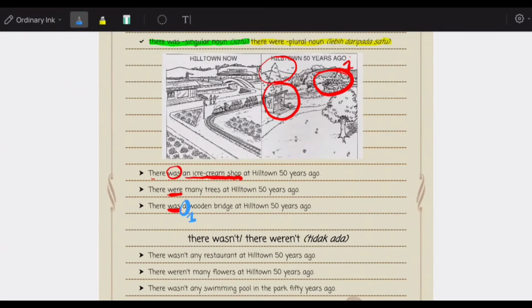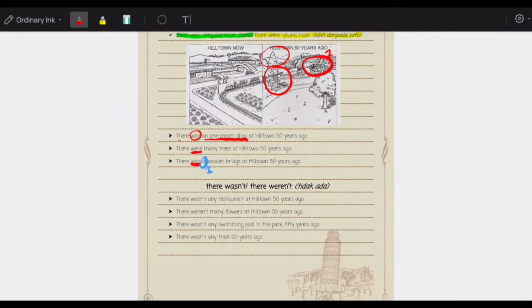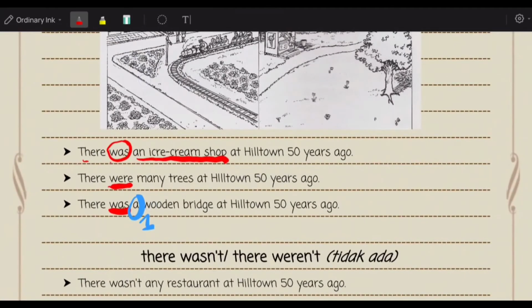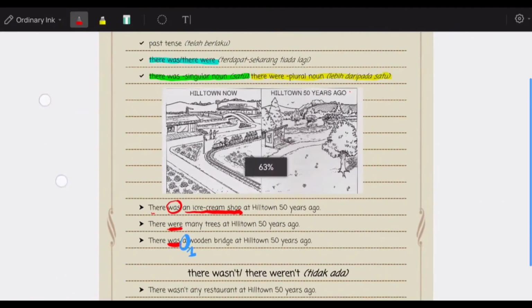Now we are going to use the phrase there wasn't or there weren't, which means tidak ada ataupun tidak terdapat. Let's look at this one. There wasn't any restaurant at Hilltown 50 years ago. Tengok gambar ini. Is there any restaurant? No restaurant, right? Tak ada kedai makan.